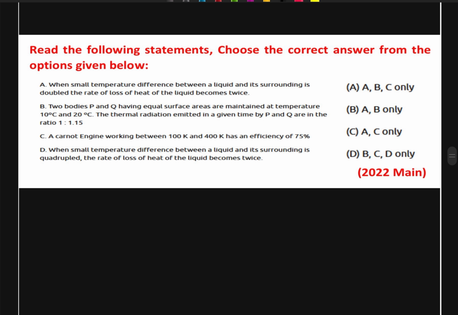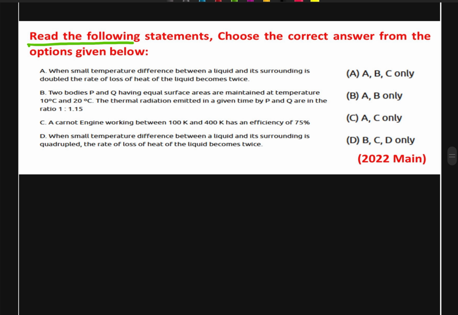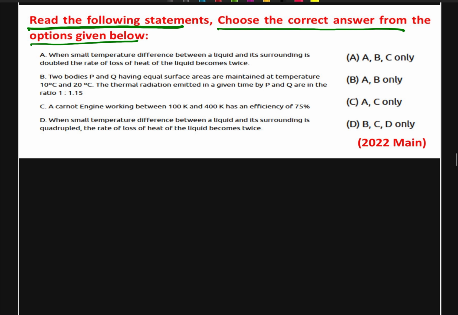It states: read the following statements, choose the correct answer from the options given below. The first option states that when a small temperature difference between a liquid and its surrounding is doubled, the rate of loss of heat of the liquid becomes twice.